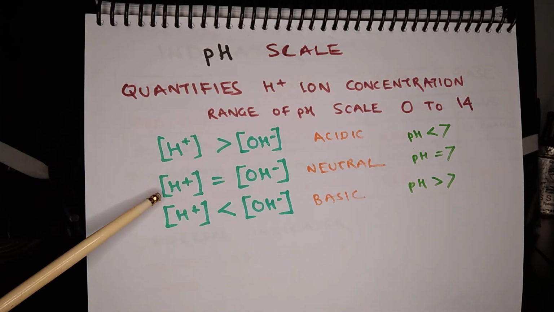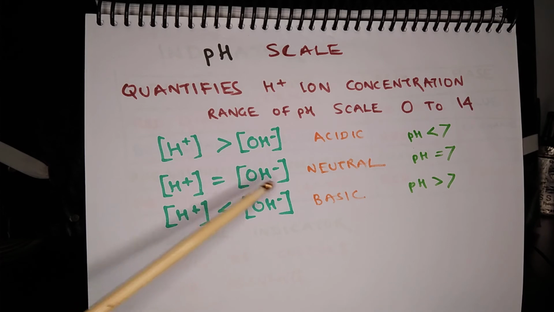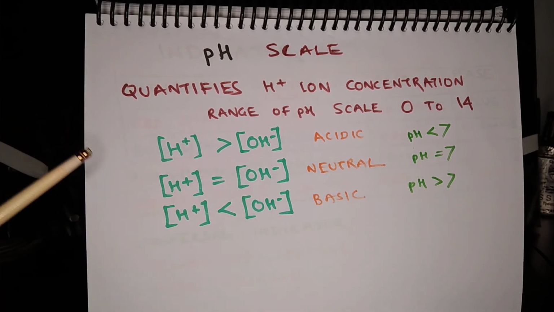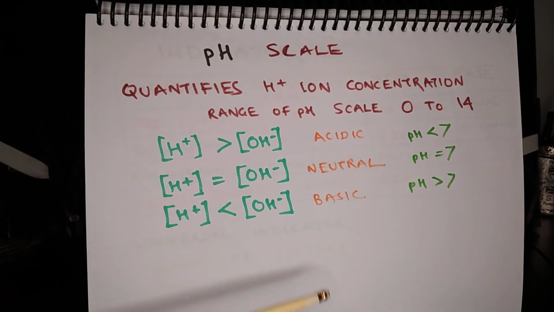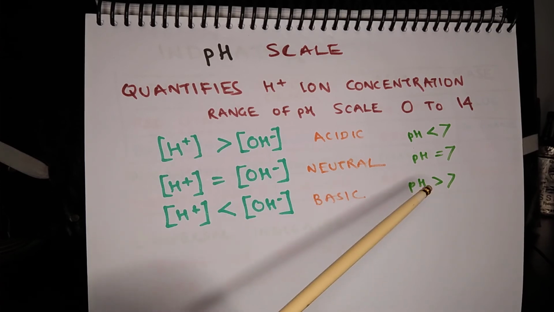When the concentration of H plus ion is equal to the concentration of OH minus ion, the solution is neutral and its pH is equal to 7. When the concentration of H plus ion is less than that of OH minus ion, then the solution is basic and its pH is more than 7.